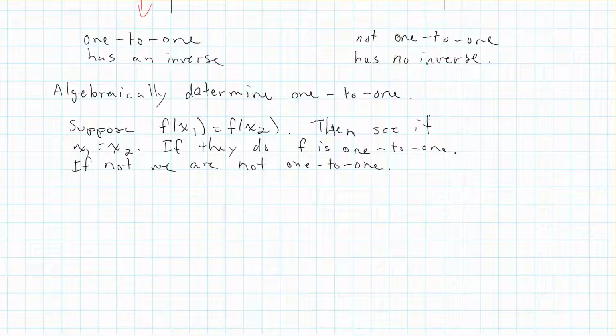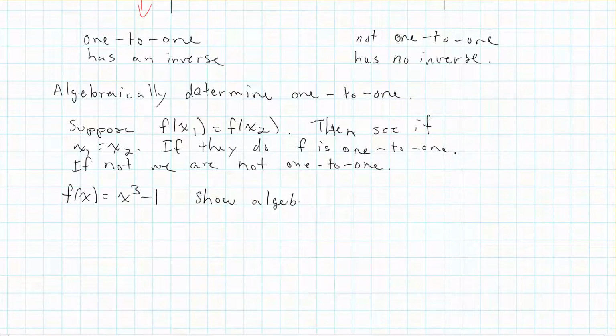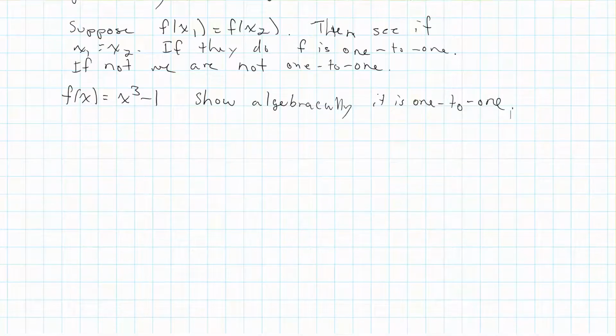But let's go through this here with an example. So let's look at f at x is equal to x cubed minus 1. Show algebraically it is 1-to-1. And so what we'll start with is say, well, you have f at x1 equals f at x2. Then we'll just substitute it in.